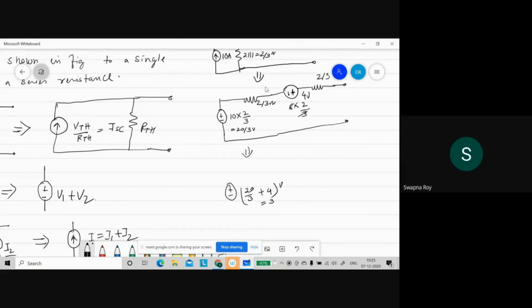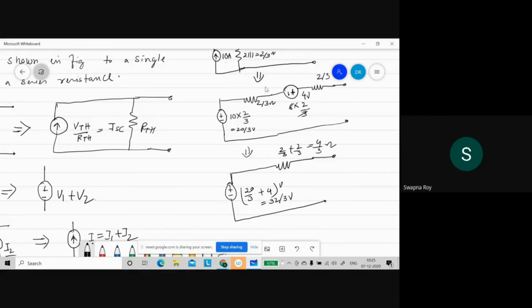Yes, this is 32 by 3 volt. And the value of the resistance is 2 by 3 plus 2 by 3, which is 4 by 3 ohms.